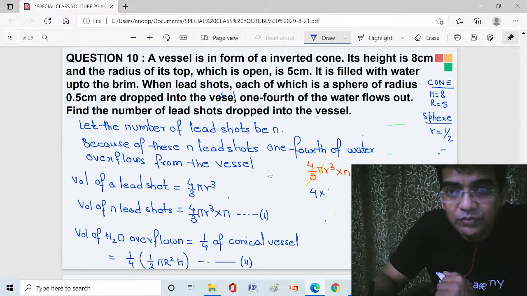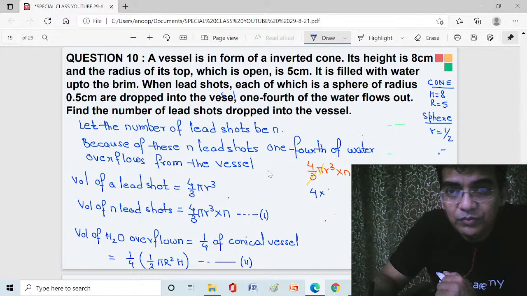So here we have, it's 1 upon 4 into radius 5 into height 8. Right. So let's see what can be reduced over there.